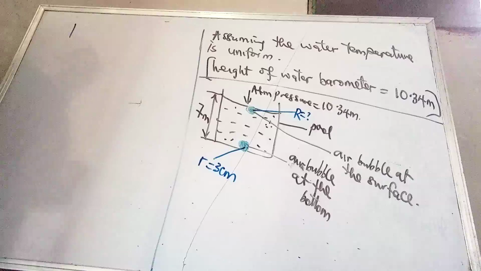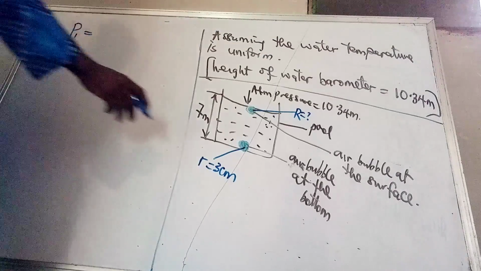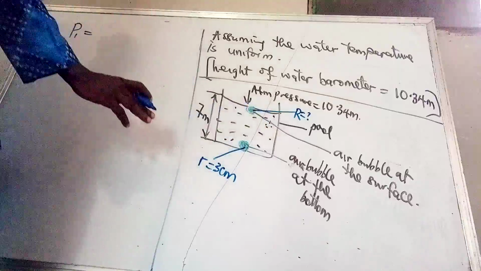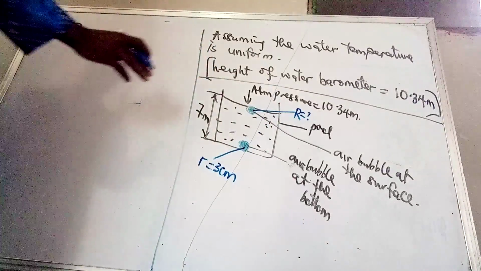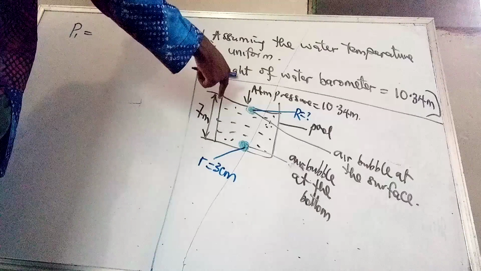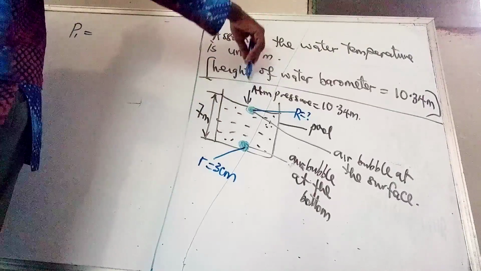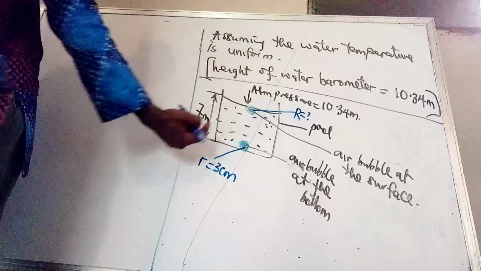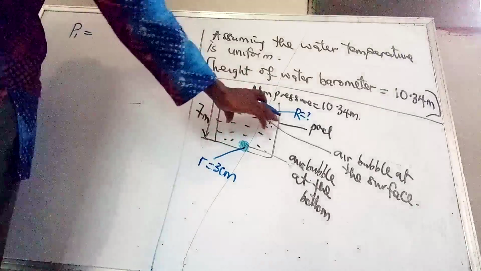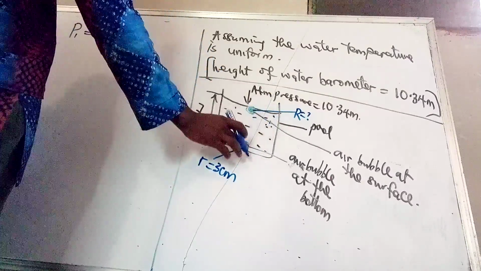That means the initial pressure is exerted by the water in the swimming pool and the atmospheric pressure that is coming from outside. As you can see, atmospheric pressure is entering, so as it enters, it is added to the pressure that is exerted by the water on the air bubble.